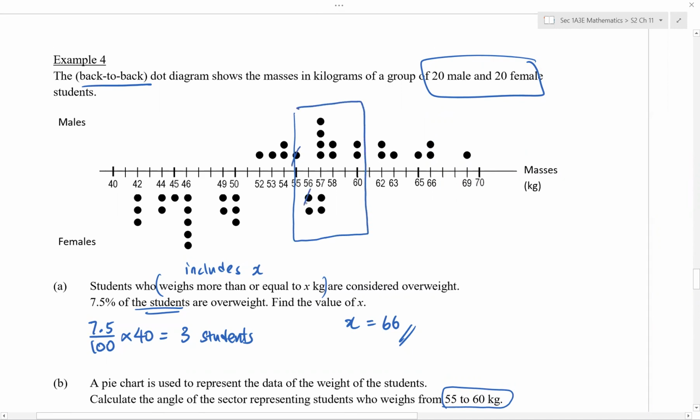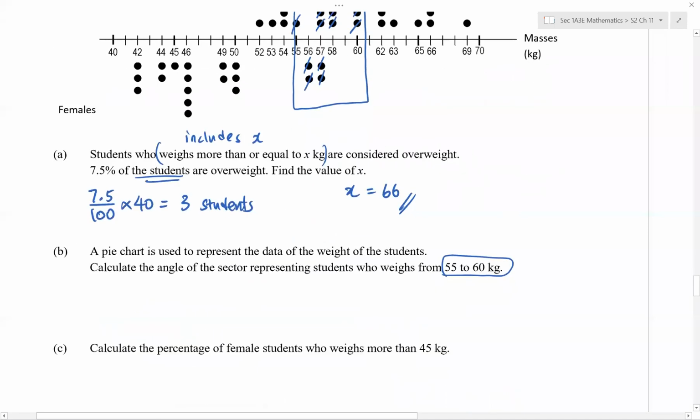We've got 1, 2, 3, 4, 5, 6, 7, 8, 9, 10, 11, 12, 13. 13 of them fall in this category. So the angle will be 13 out of a total number of 40 students times 360 degrees, to give us 117 degrees.